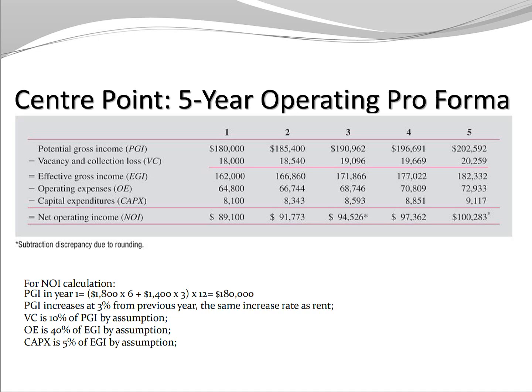Operating expenses are assumed to be 40% of effective gross income, and capital expenditures are assumed to be 5% of effective gross income. We subtract operating expenses and capital expenditures from effective gross income. We will obtain net operating income from year 1 to year 5, the holding period cash flow.